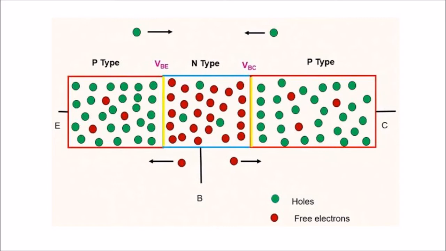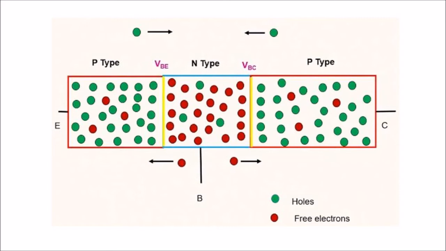We know that the charge carriers, that is the free electrons and the holes, always try to move from a high concentration region to a lower concentration region. For holes, the P region is the higher concentration region and the N region is the lower concentration region. Similarly, for free electrons, the N region is the higher concentration region and the P region is the lower concentration region.